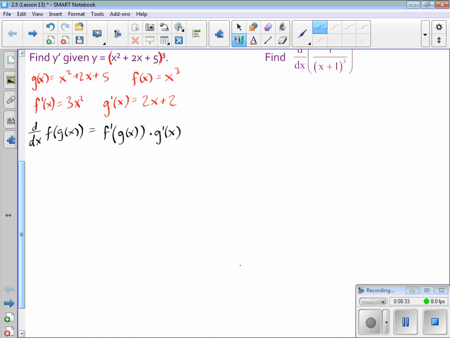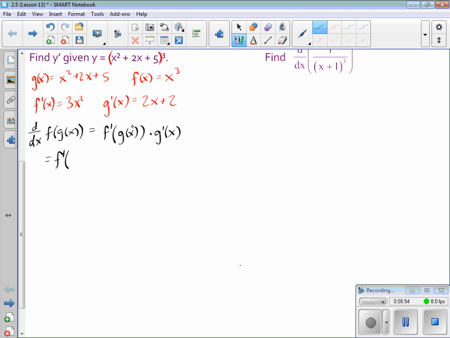Okay, so I want the derivative of my f, which is what? 3x squared, right? But I'm going to put g of x in wherever I see the x's. So if you want to rewrite this, you could write this as f prime of, instead of g of x, what could I put in that spot?